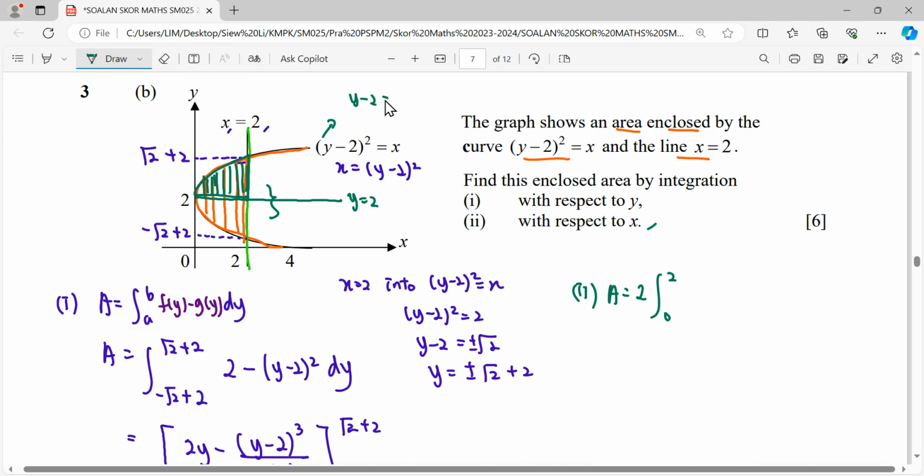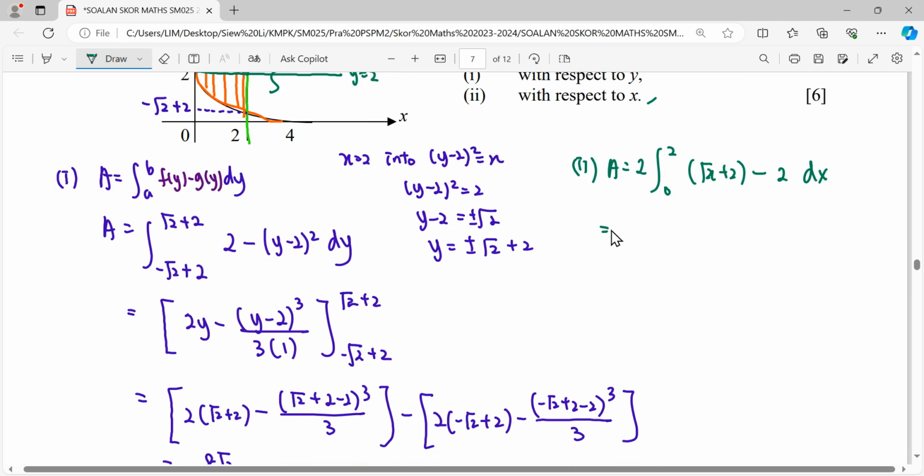So y − 2 = √x, so y = √x + 2. The graph above is √x + 2 minus the graph below, which is y = 2, so that we can integrate with respect to x.